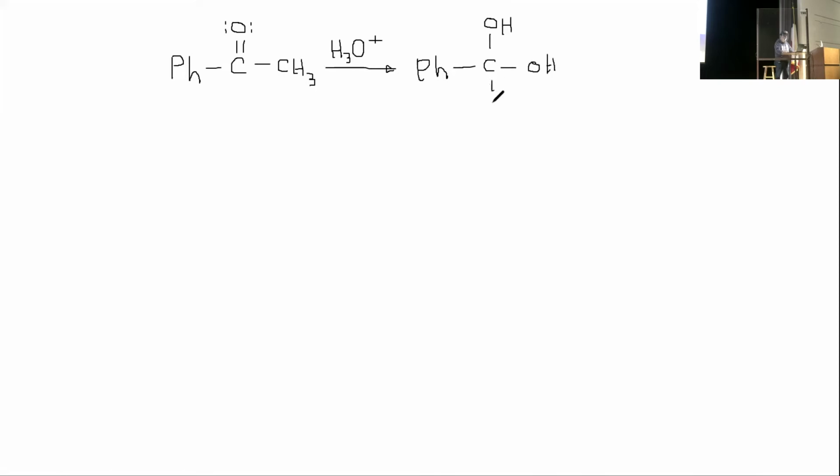I'm not indicating any kind of stereochemical issue here at all. You can put the phenyl group and the methyl group and the 2 OHs anywhere you want on those 4 bonds. We're just drawing a flat structure here. Not that it even matters, because this carbon's not chiral, right? Because there's 2 of the same group, so game over, not chiral. But that's the product we can expect to get.